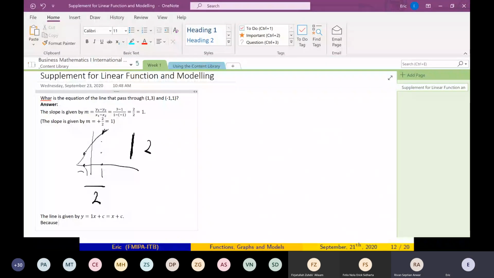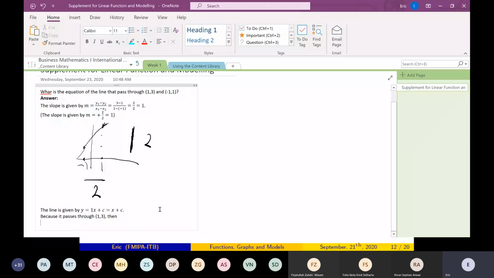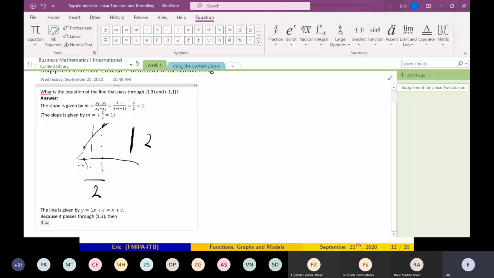Because it passes through what? 1,3. Then we substitute 3 equals 1 plus c. So this means c equals 3 minus 1, so it equals 2.